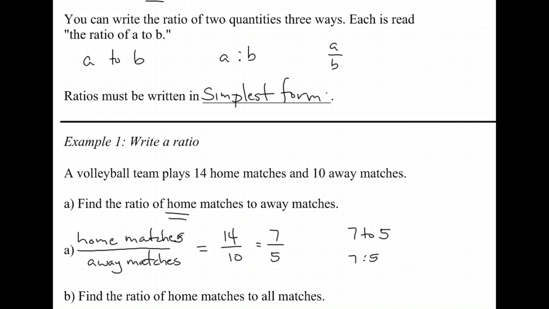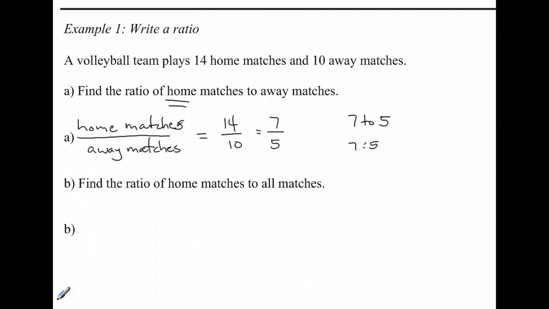The next question builds on the first, and let's find the ratio of home matches to all matches. So, again, home would go first, and I know the number of home matches is 14.